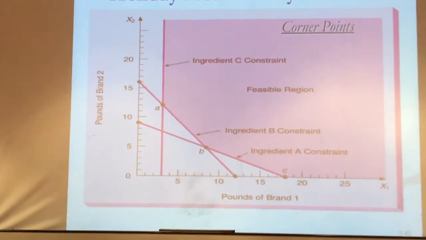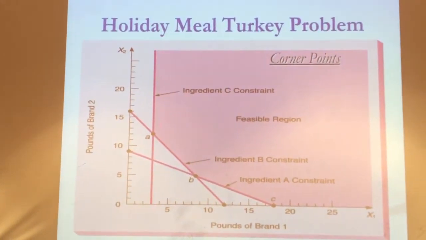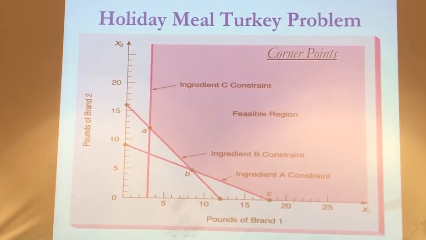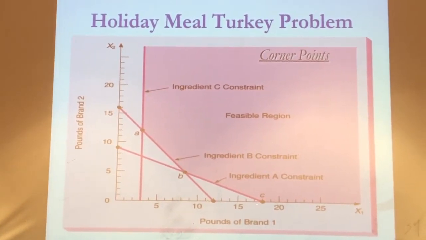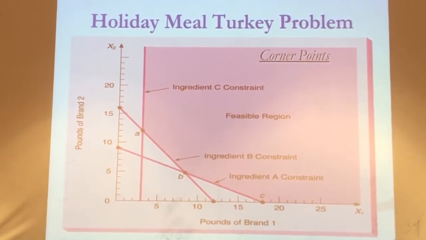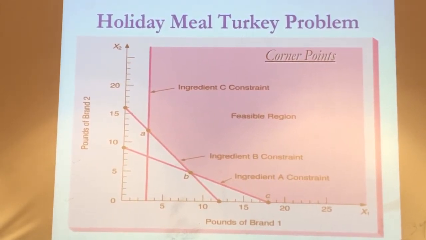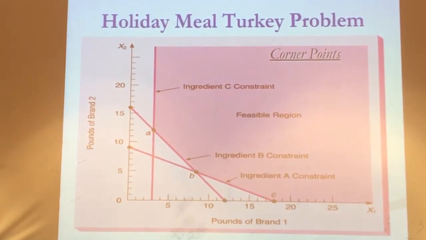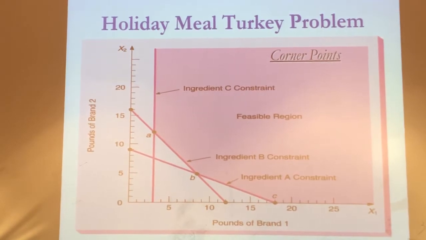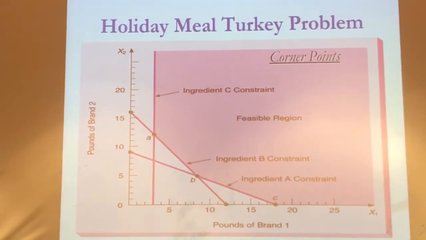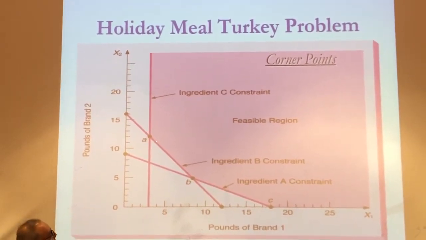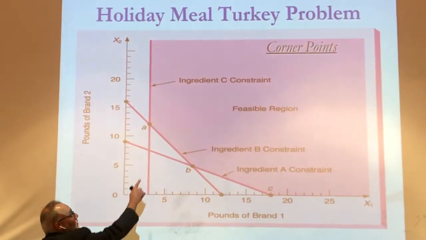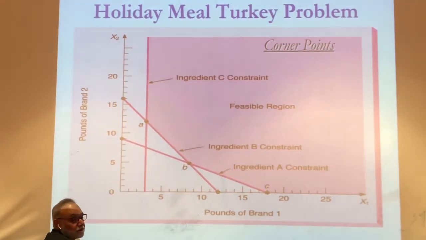So this is the ingredient C constraint here drawn, and these are the two constraints. We have 3 corner points. Sometimes, let me tell you, some students try to work it out but they don't draw the graph properly, and instead of having this point A in the feasible region, they might come up with this point in the feasible region.